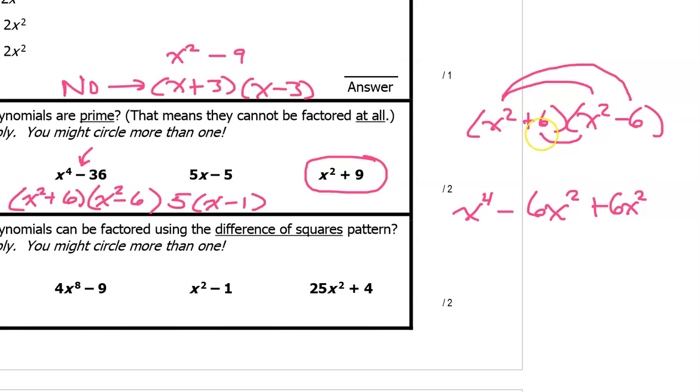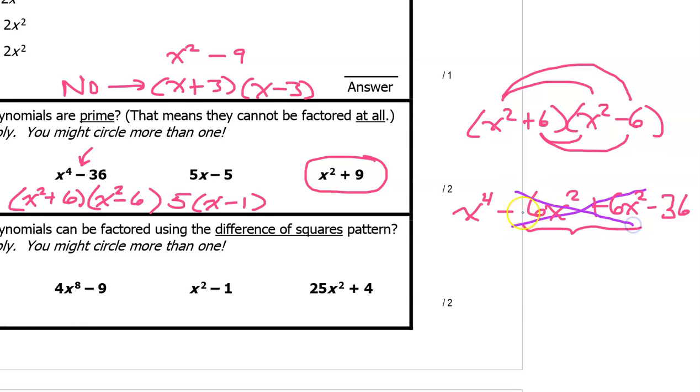And then positive 6 times negative 6 will give me negative 36. When I combine the like terms, though, something special happens. We have a negative 6 and then a positive 6. So these wind up canceling each other out.